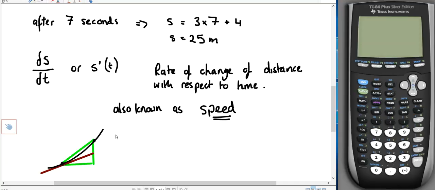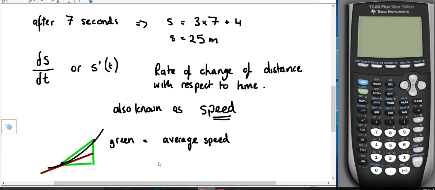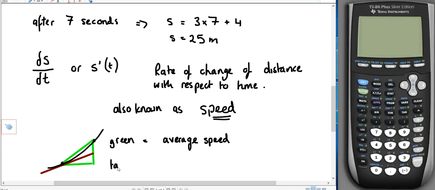Does that make sense? The green triangle would be the average speed, but the tangent will be the instantaneous speed, the gradient of the tangent.